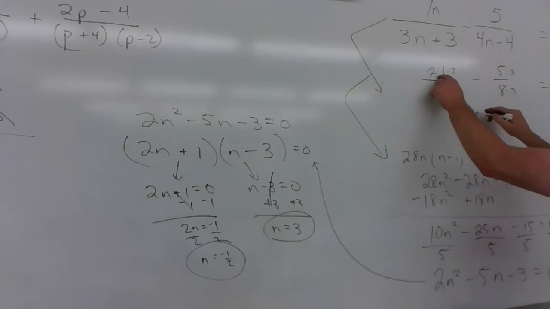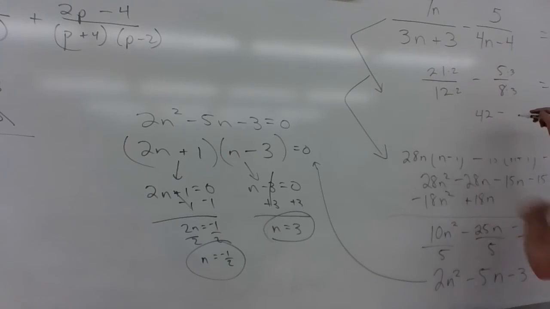This is 42. Minus 15 over 24. Okay, so this is 27. This is 27. Okay, check out.